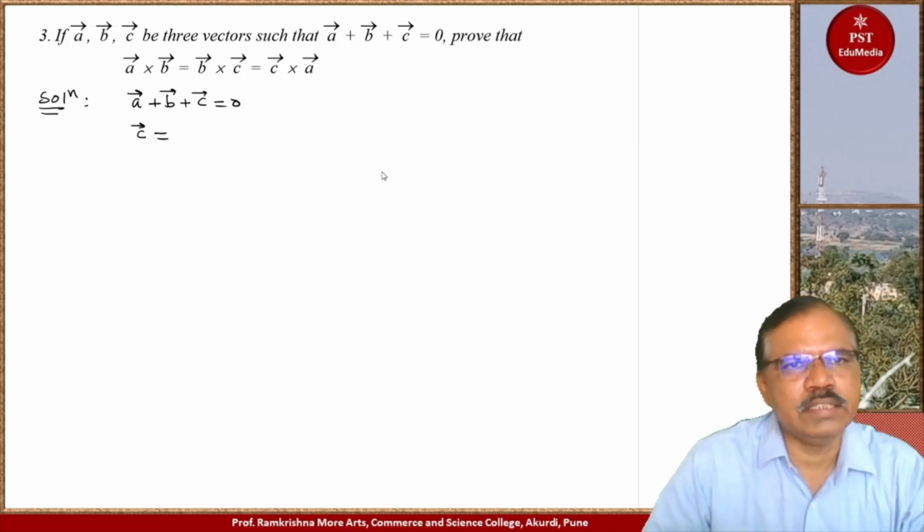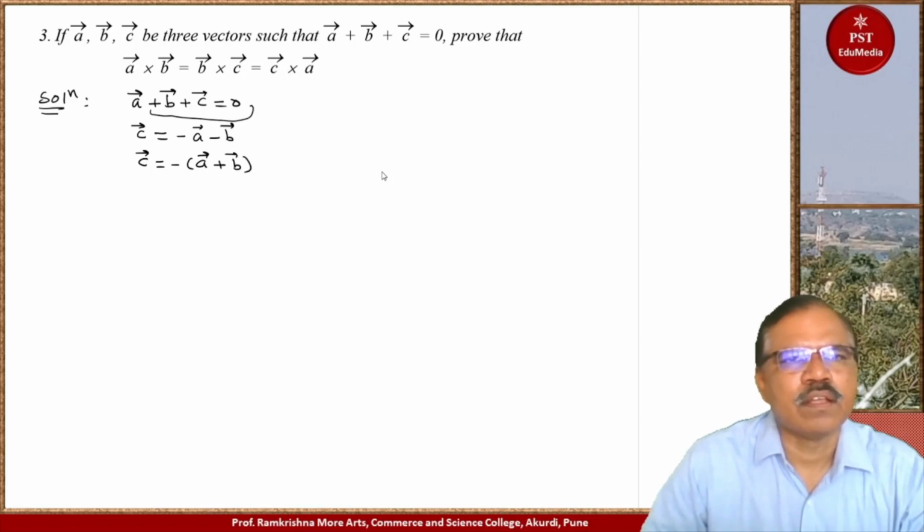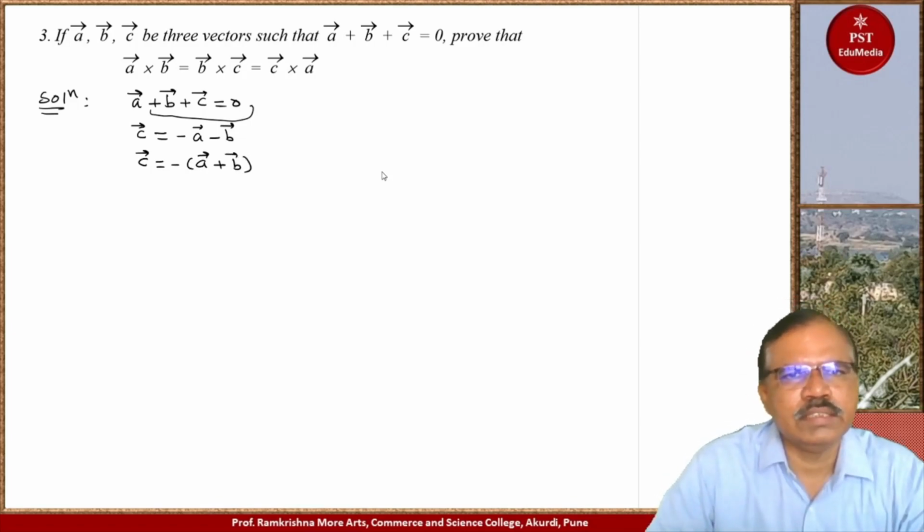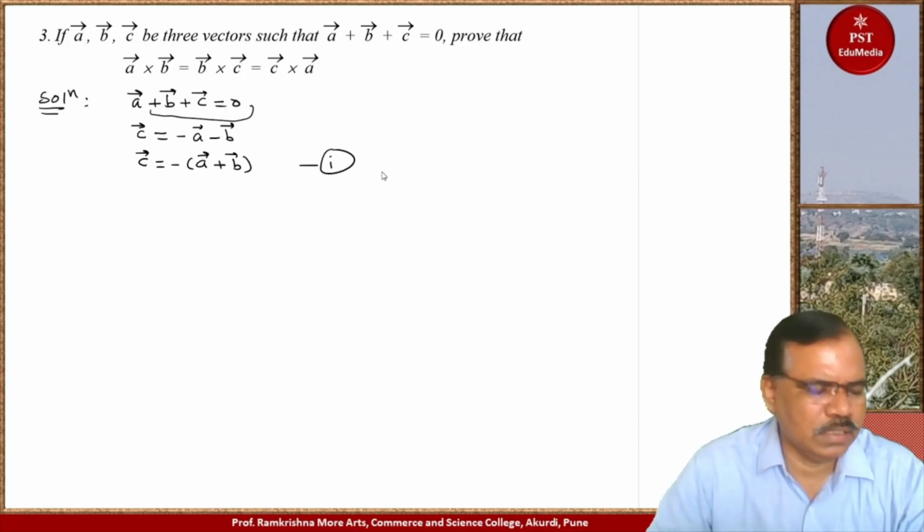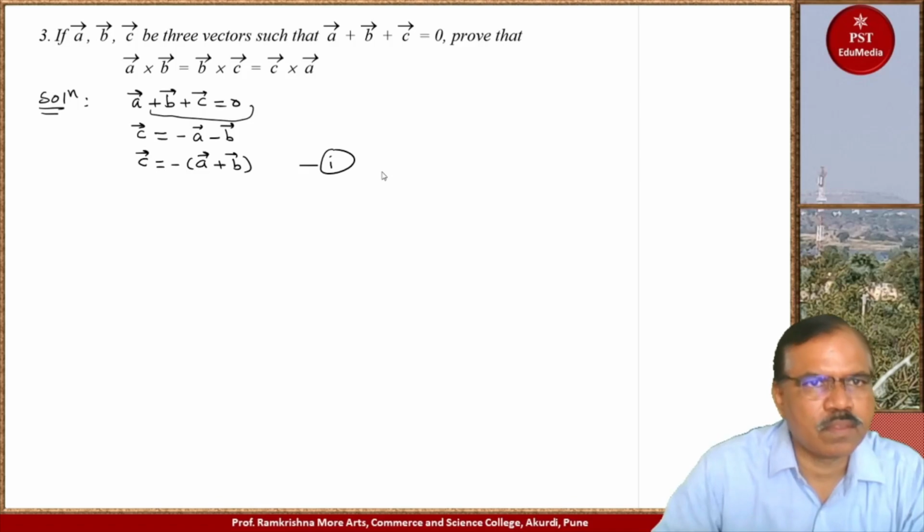So vector C is equal to, take A plus B on this side, so we will get minus A minus B, or you can write C is equal to minus in bracket A plus B. Let us call this equation number 1.